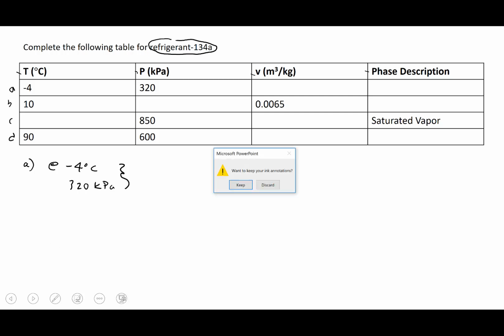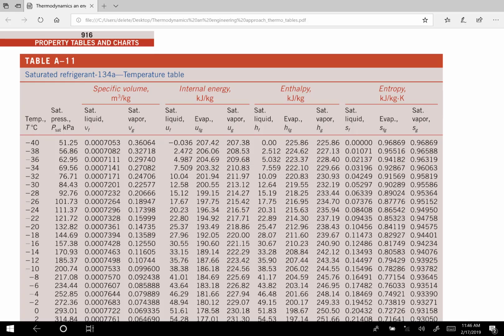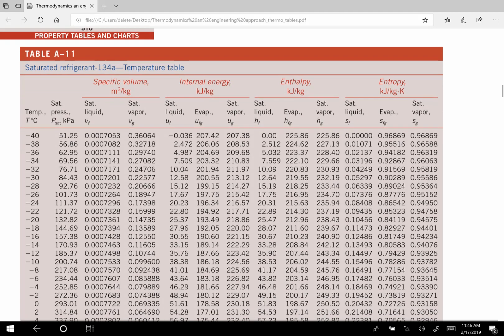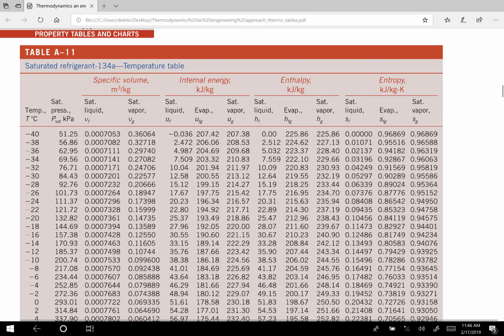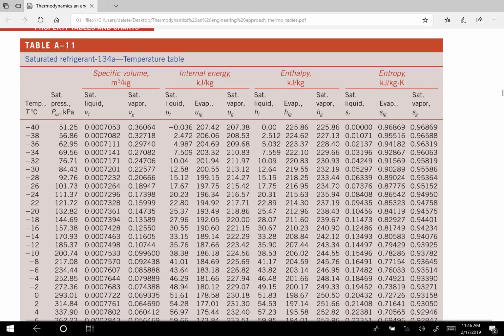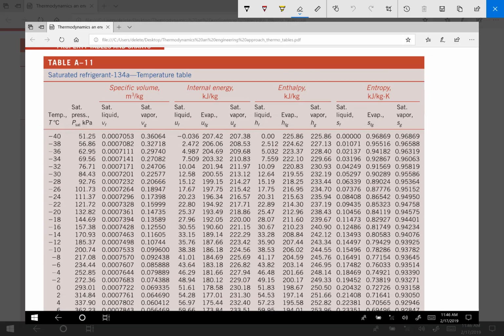I'm going to go to the tables. So here's our table for saturated refrigerant 134A, and I'm looking at the temperature table.